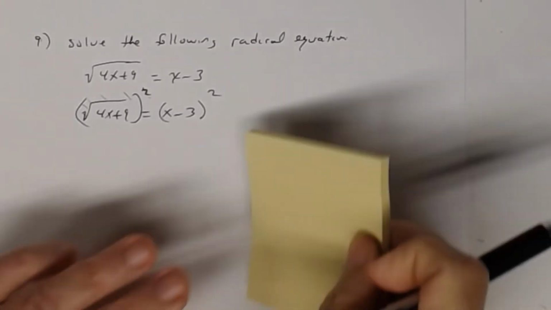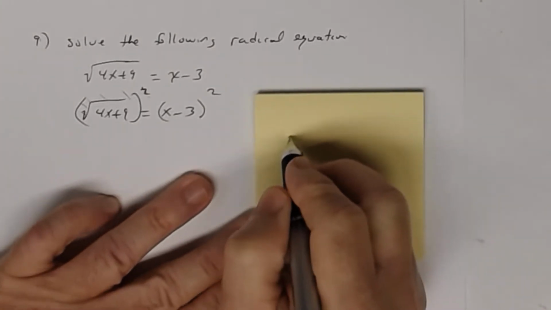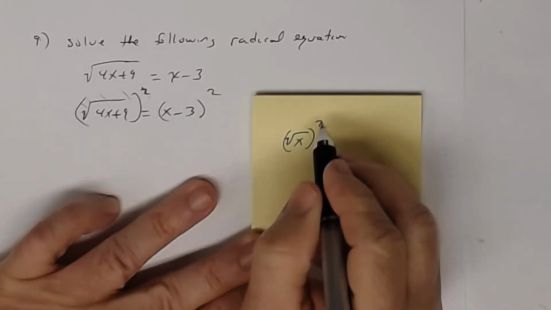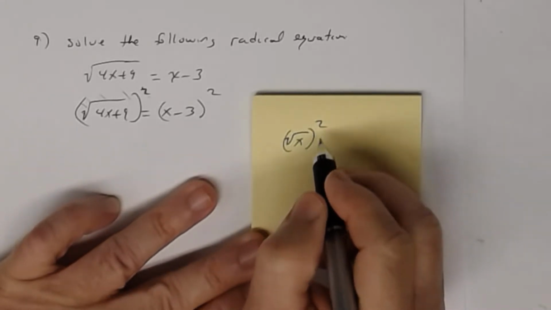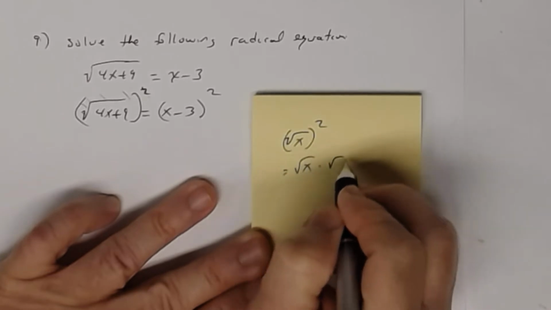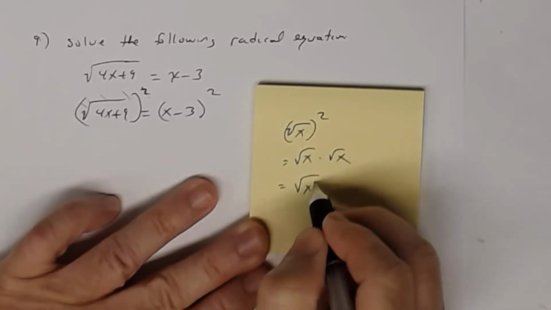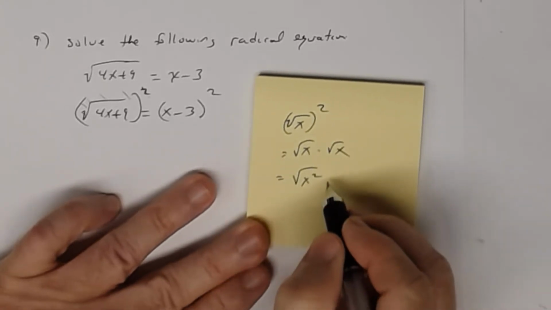So let's look at a very simple example. If I had the square root of x squared like this, right? The square root of x squared means the square root of x times the square root of x.